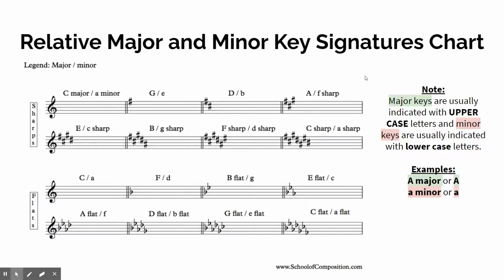Major keys are usually indicated with uppercase letters, such as that C major, and minor keys are indicated with lowercase letters. So if you see a lowercase key signature, like this E here, or F sharp, and it's all lowercase, that means it's minor. If it's capitalized in the beginning, it'll be major.